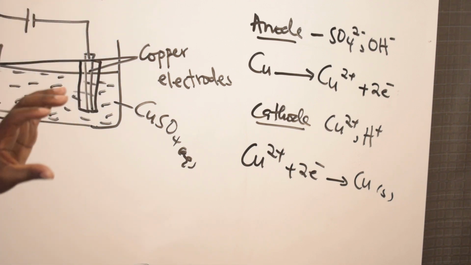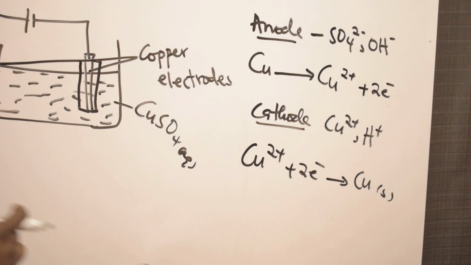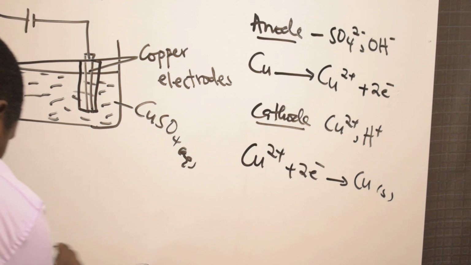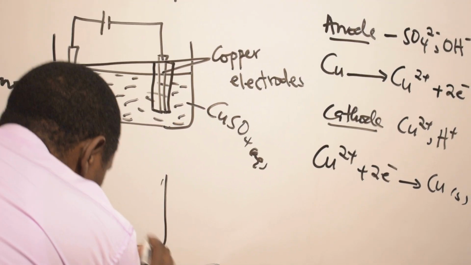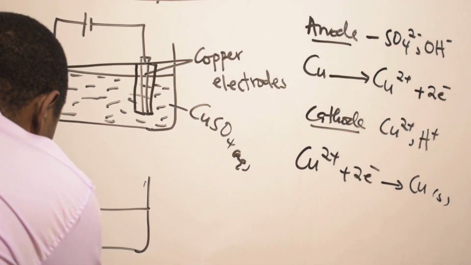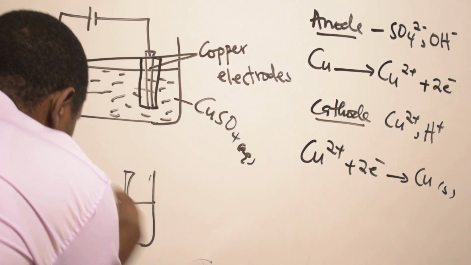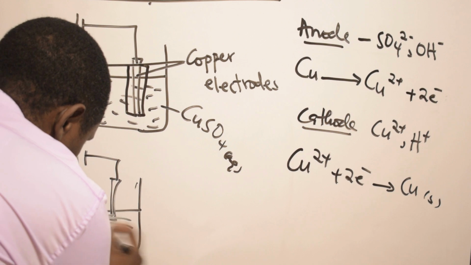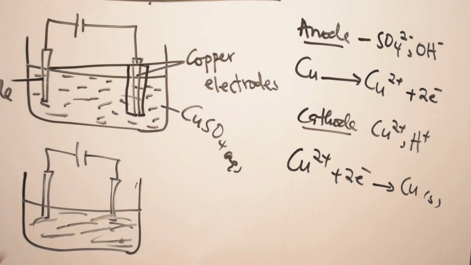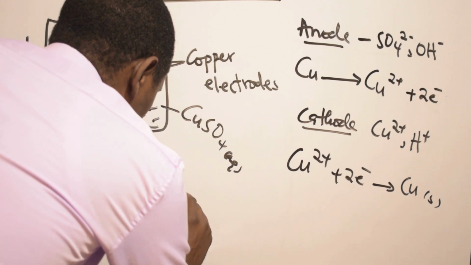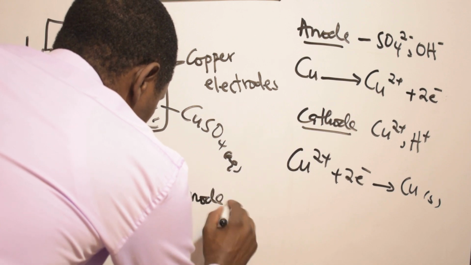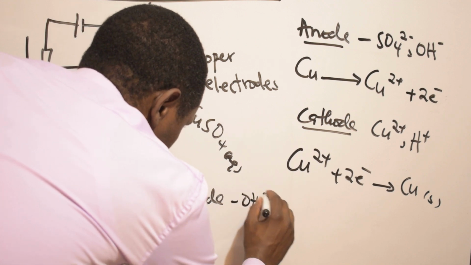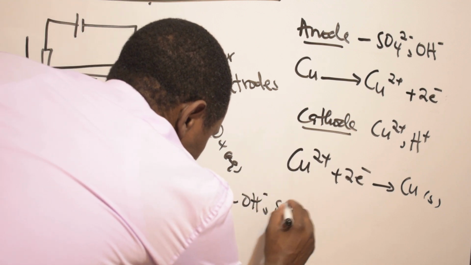Now, it will be important to mention what happens if we are using graphite electrodes. What difference would we actually have? If I'm using inert electrodes, what I would expect is that at the anode I have hydroxide ions and sulfate ions.